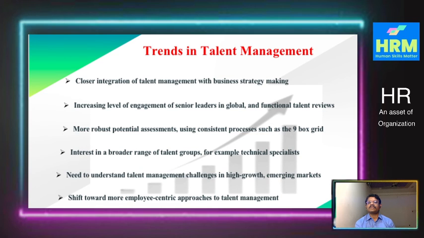There is also more robust potential assessment using consistent processes such as the nine box grid, where you can see the assessments very clearly, put people in the different boxes, and analyze each and every individual to understand the total competency available in the organization. That is the top people's involvement and assessment of competency.